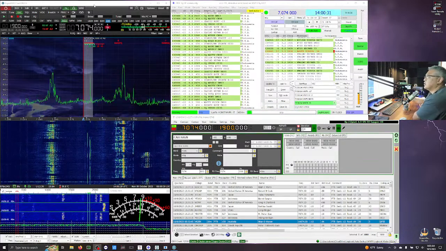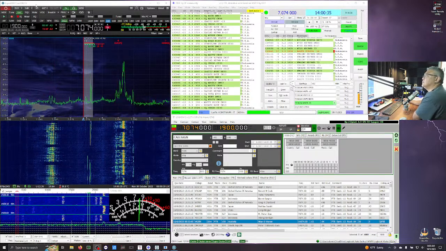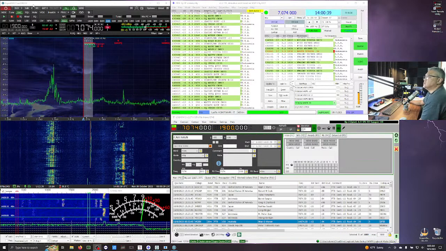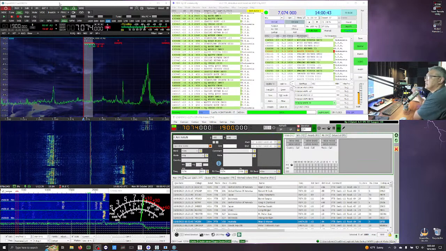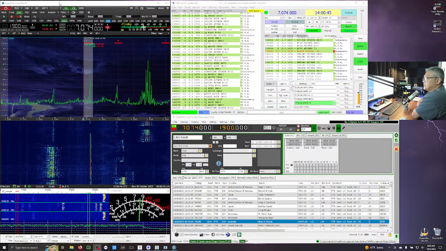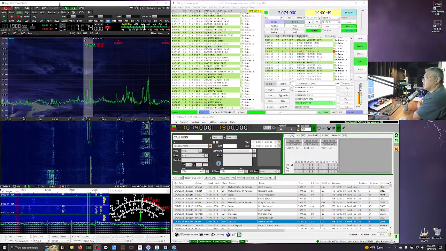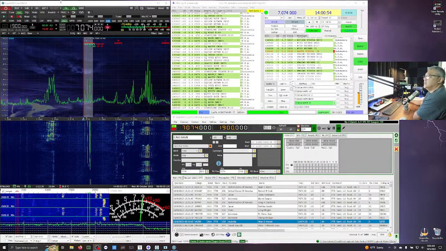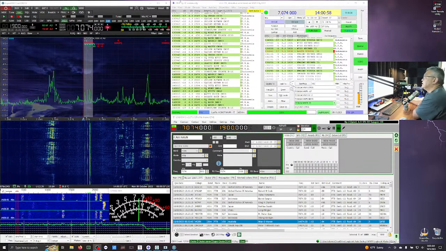I'm running 3 programs. On the upper left corner, this is the ExpertSDR2. Yes, I'm running the older version, not the ExpertSDR3. This is the ExpertSDR2. I really like that program. And in the top middle is the JTDX.